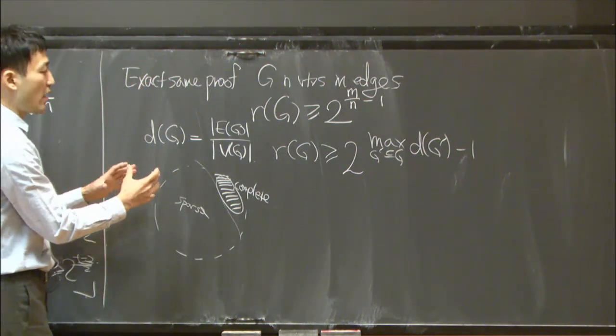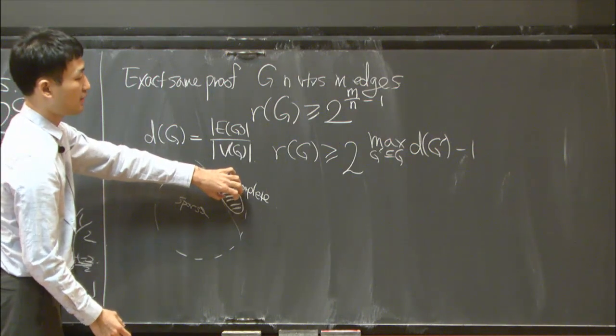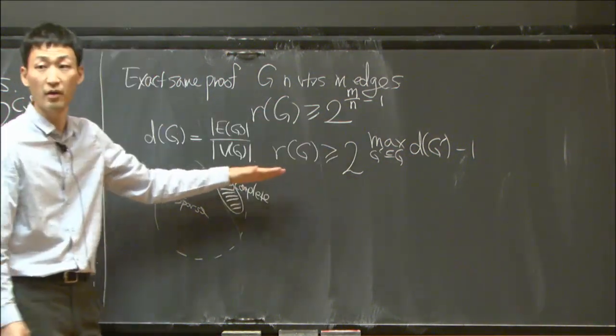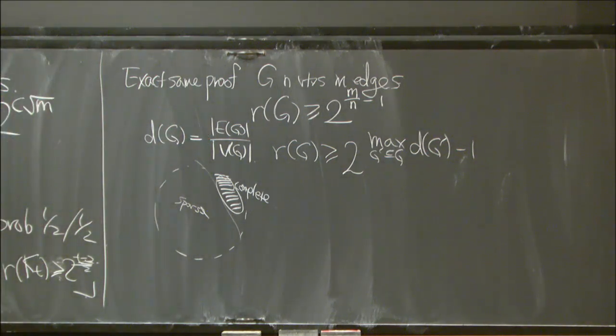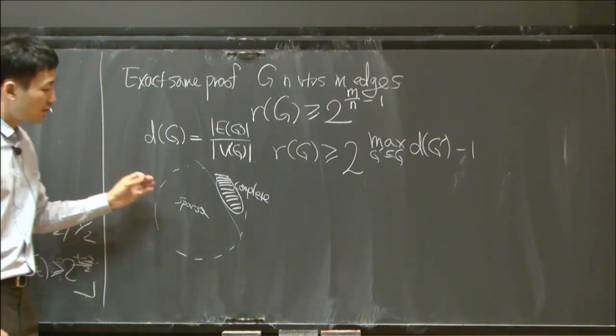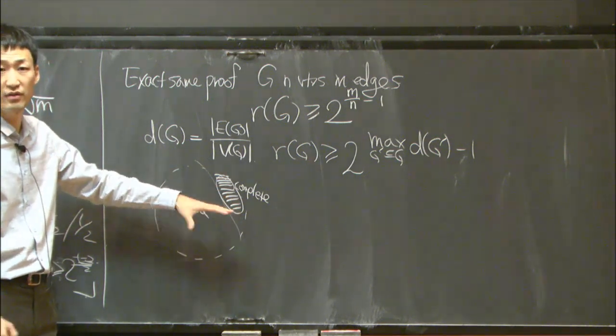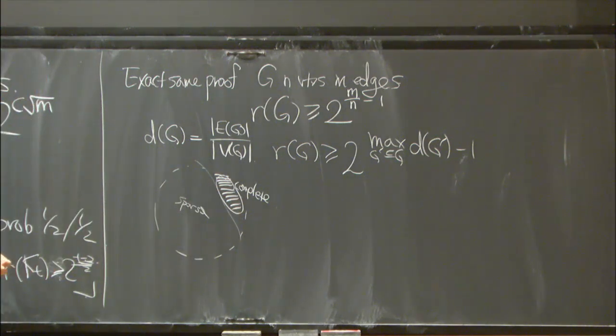Then you can adjust the parameters so that the sparse part is overwhelming, and if you do the computation, you'll see that the second bound is a lot better than the first bound. So if you want to obtain a good general upper bound on the Ramsey number of a graph, you have to capture this kind of behavior, where some part of the graph can be a lot denser than the other part.